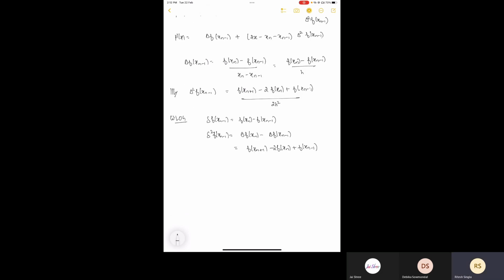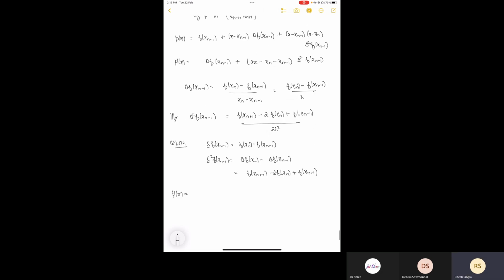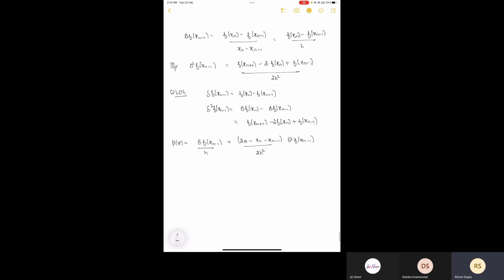So basically my p prime of x is nothing but Delta f of x of n minus 1 upon h plus 2x minus xn minus x of n minus 1 upon 2h square times Delta square f of x of n minus 1.